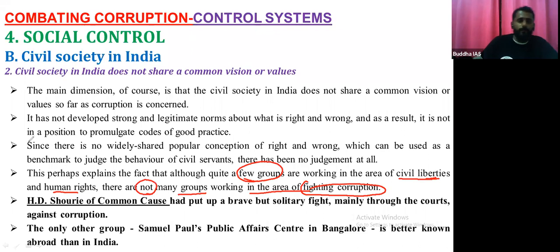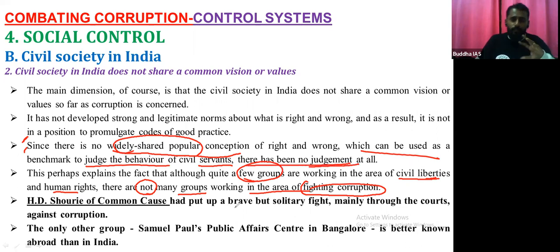Before that, we left a point here. Since there is no widely shared popular conception, no exact shared vision as to what is right and wrong, which can be used as a benchmark to judge the behavior of civil servants, there has been no judgment at all.